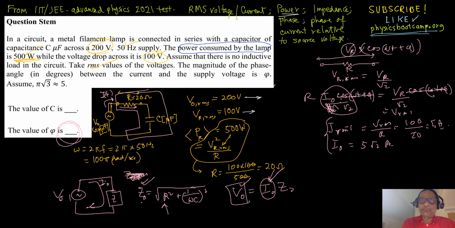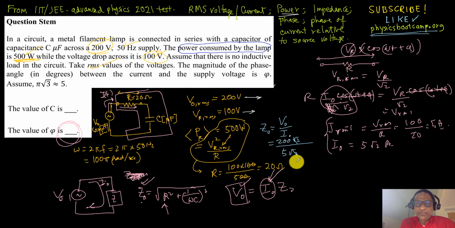From there, I get Z0 is equal to V0 over I0, and I0 is 5 square root of 2, and V0 is 200 square root 2. I could work with the RMS and the same deal, but because I have this relationship in the original circuit, I'm just going to work with that.